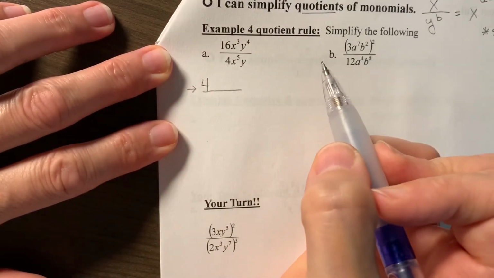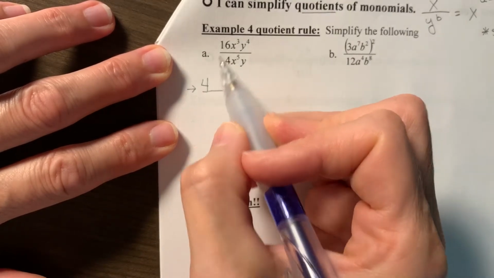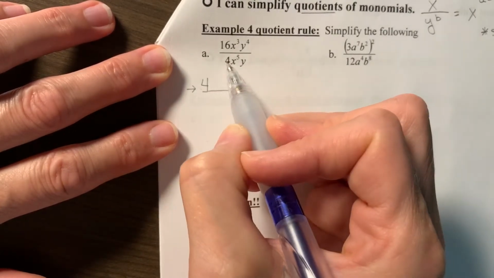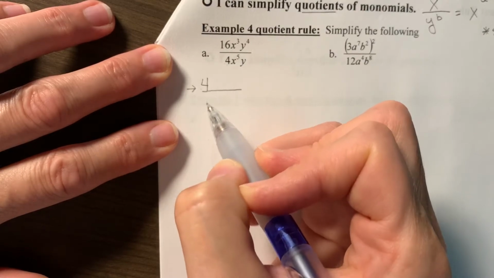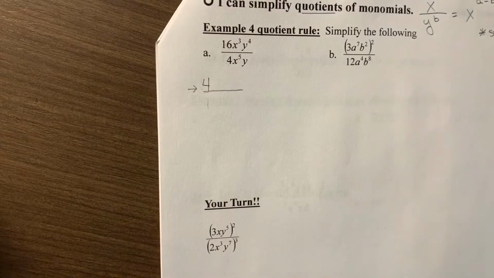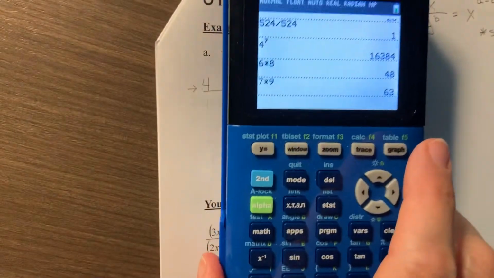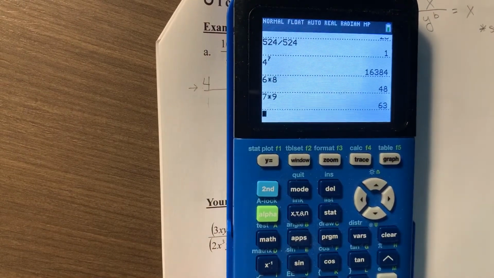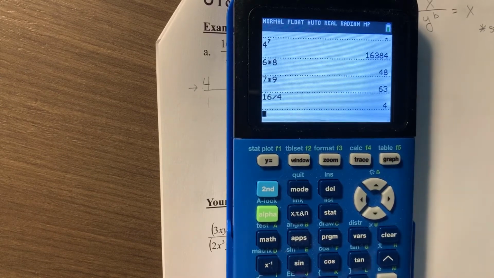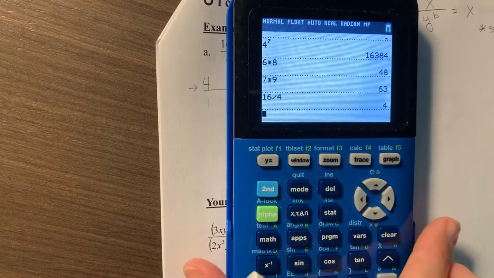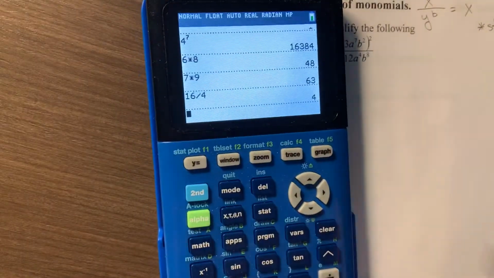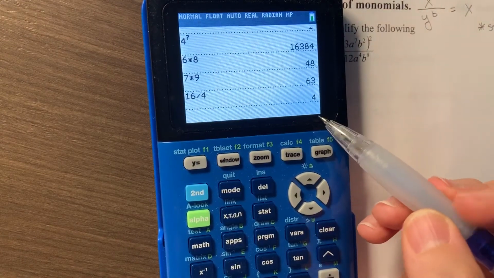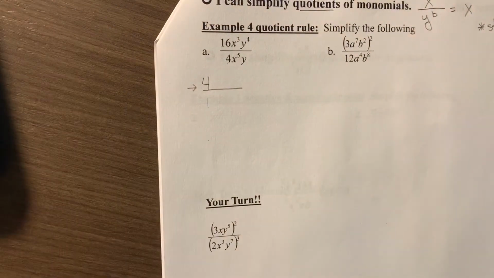Or if you think, if I divide 16 by 4, I get 4. If I divide 4 by 4, I get 1, but I'm not writing that invisible 1. And then just to recall, if we do on the graphing calculator 16 divided by 4, we get 4. So we don't have to do a simplified fraction on this one. All right, or you could think the simplified fraction is 4 over 1, but when we have 1 on the bottom, we don't write that.